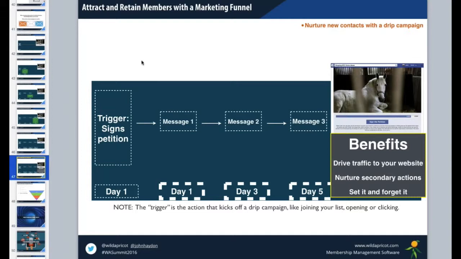So, for example, some solutions allow you to send emails based on how they've responded to prior messages. Let's say that someone signs the petition, they receive message 1, but they don't open it. Well, if they don't open it, they're going to receive a different message than if they did open that message. So you can get pretty granular in terms of the cause and effect of the messages that are going out.